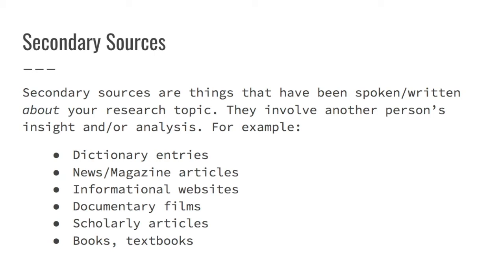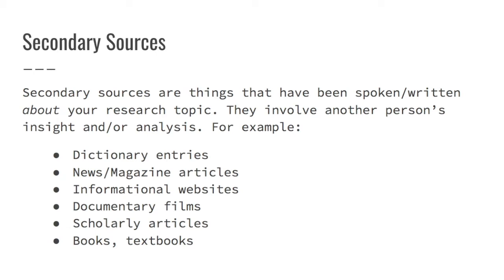Here's a list of some examples of kinds of secondary sources that you would use or encounter. The first one is dictionary or encyclopedic entries. Wikipedia entries would be a secondary source. News or magazine articles, also scholarly peer-reviewed journal articles, would be included there too.